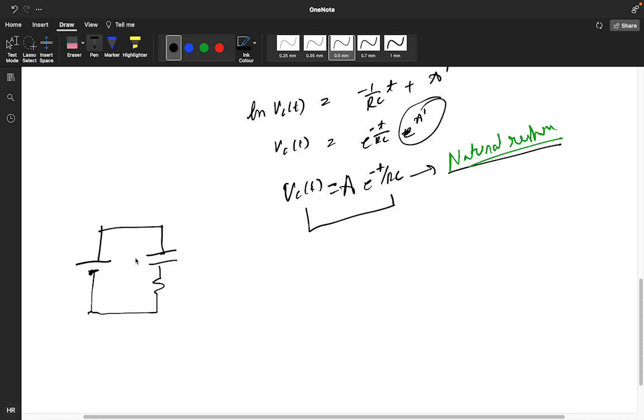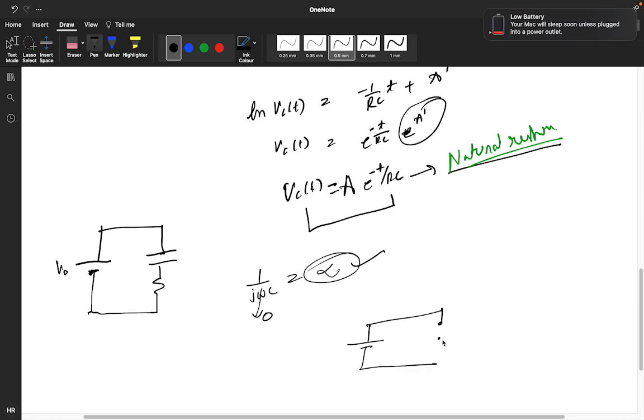So this is my capacitor, this was the V0 value. In the steady state, we know that the impedance is 1 by j omega c. So the capacitor will become infinite, because if you put the frequency as 0, it will become infinite. So we'll get the circuit like this, it gets opened.